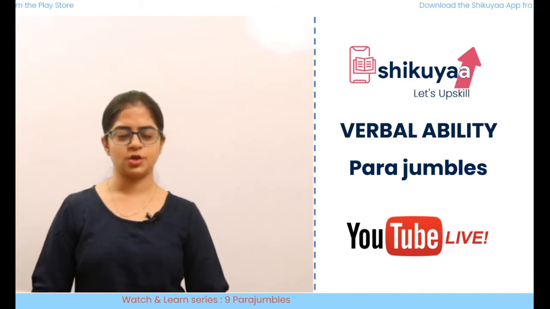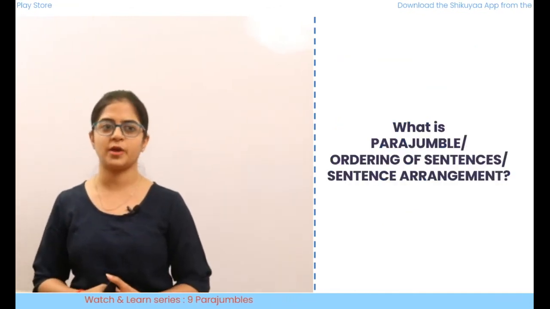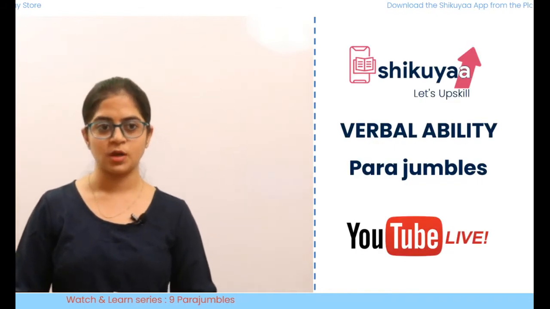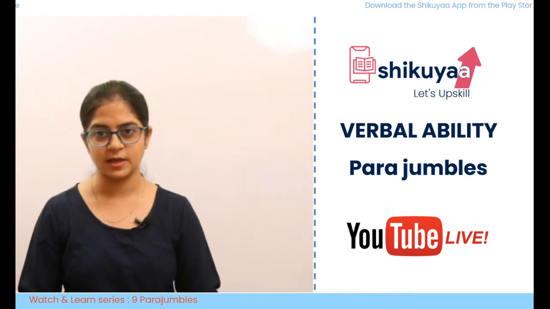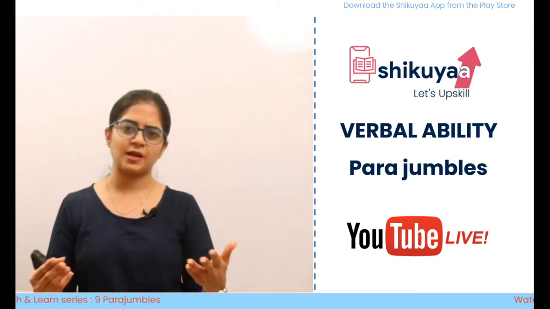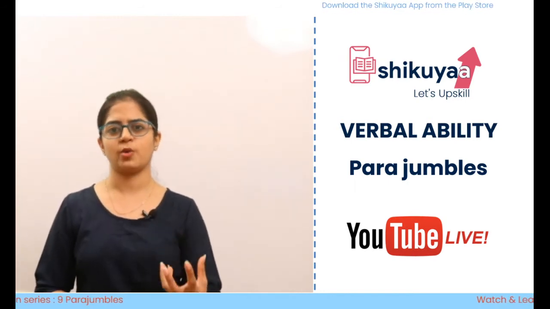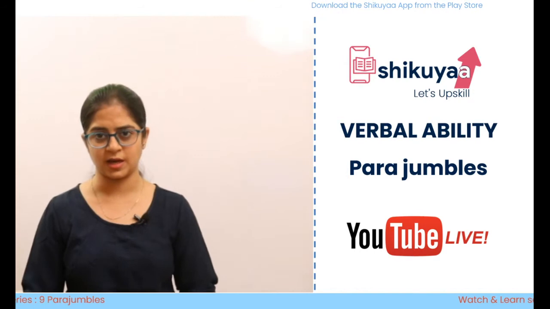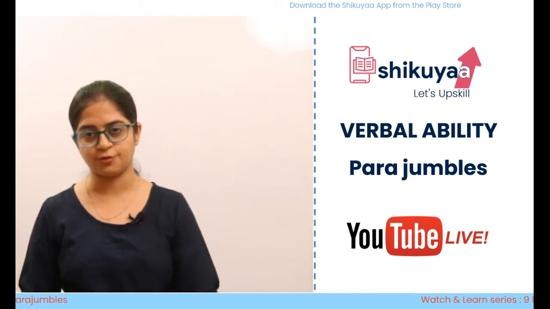Okay. Today we are going to have a discussion on topic called Para Jumble. This topic is also called ordering of sentences. It can also be called sentence arrangement. So it may come with different names in different tests. You may find this question in a variety of tests, that is, any kind of competitive examination you are appearing for.